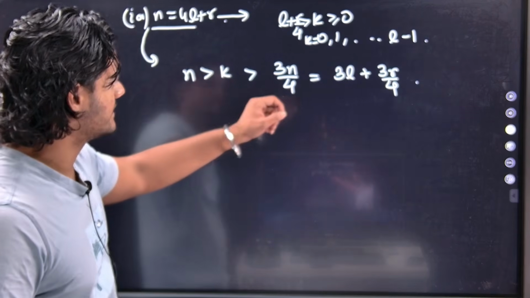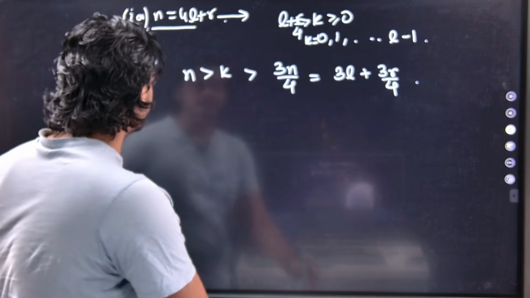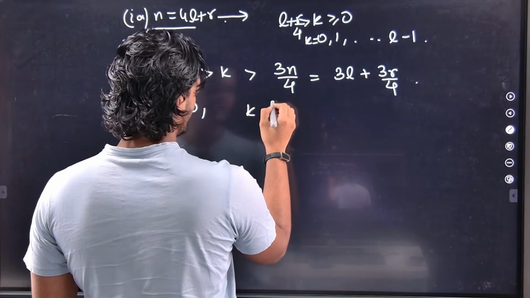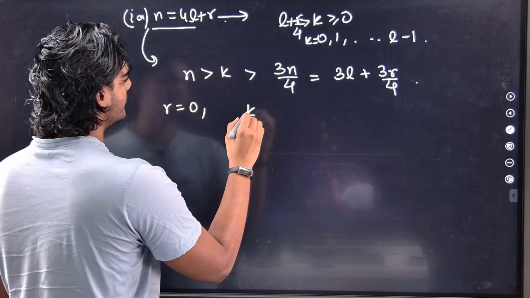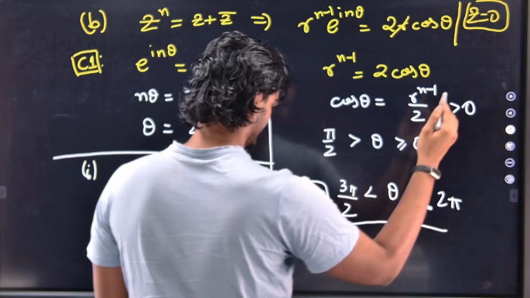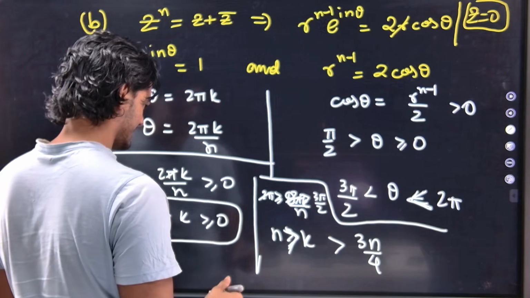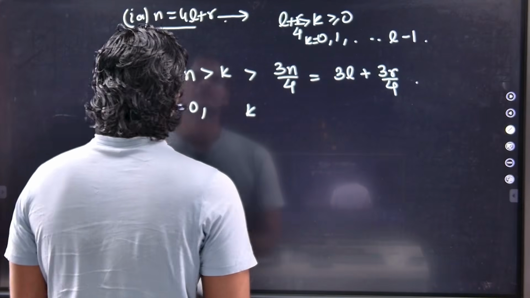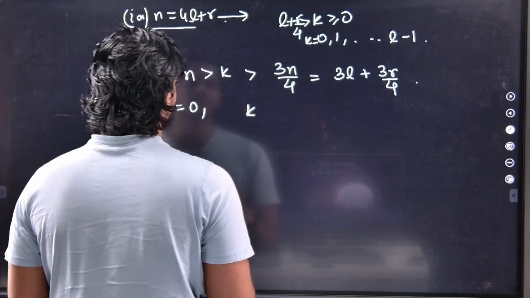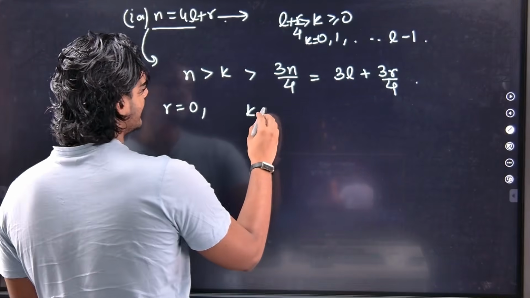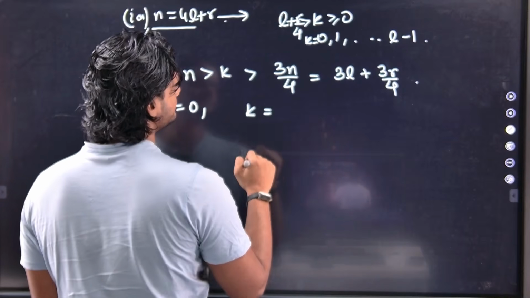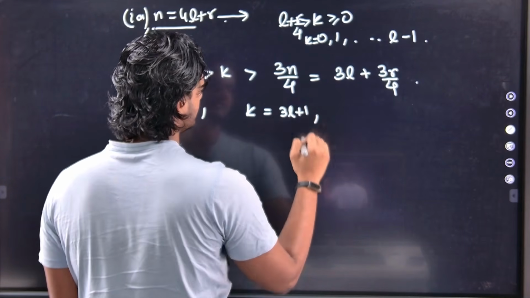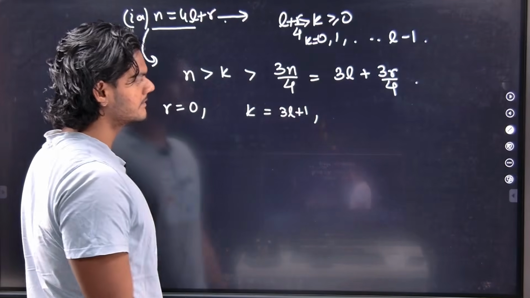Now things will change. If r is 0, the values of k will start... Oh, what is happening? Something problematic. No, nothing problematic. All right. So k will be starting from 3l plus 1, right?